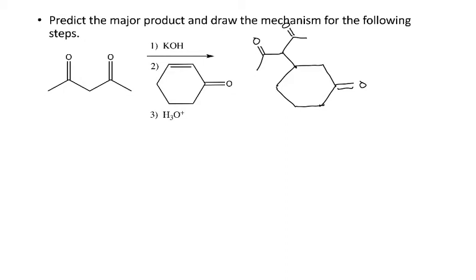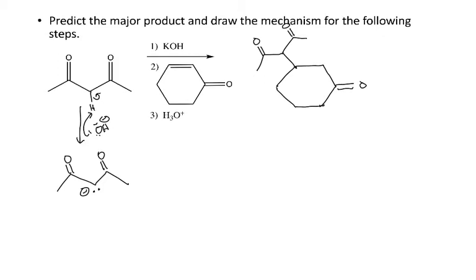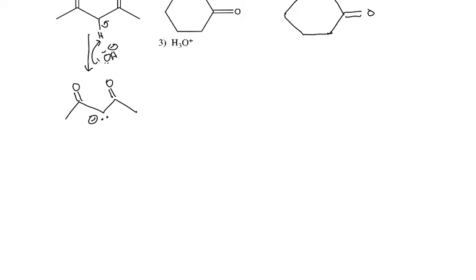Now the mechanism is going to take a little bit more work. So the first thing I need to do is react this with hydroxide to give me the enolate. Now that's going to attack my alpha-beta unsaturated carbonyl compound.